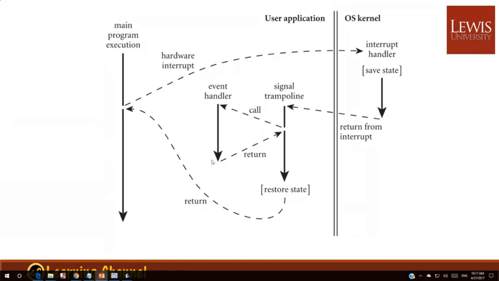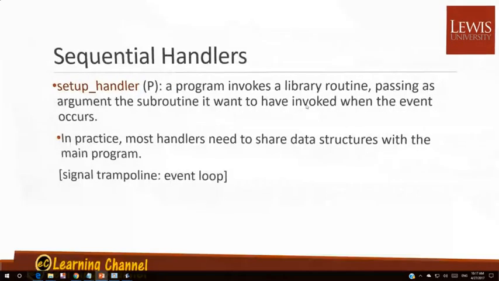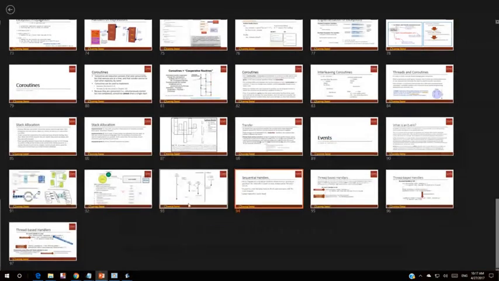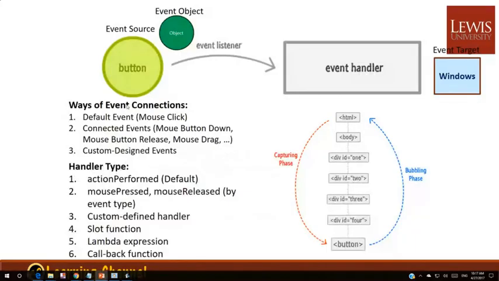An event handler is a special subroutine called by the trampoline. So there is a handler, and we need to set a handler. To set up a handler, we use these different ways of connection to attach the handler to a certain event source.